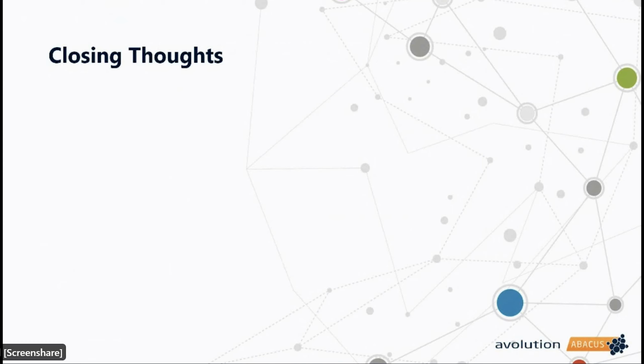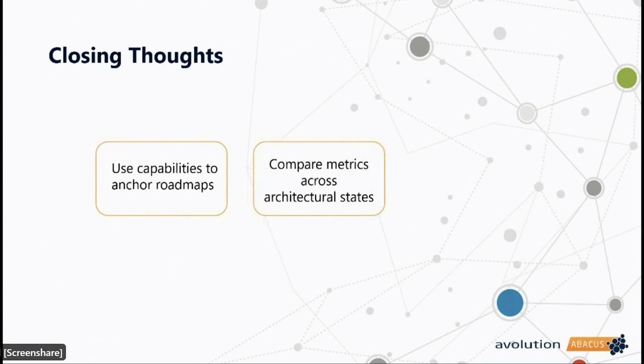Implementing the planned changes will enhance the maturity of the capability, improving the overall enterprise. By using capabilities to anchor our roadmap, we have a clear focal point to compare architectural states and a defined goal for enterprise improvements. Key to building stakeholder buy-in is the ability to demonstrate value by comparing metrics across architectural states.